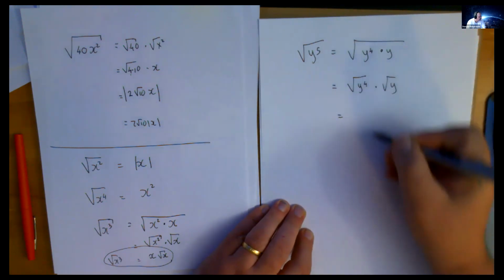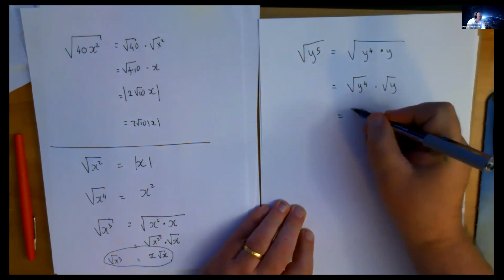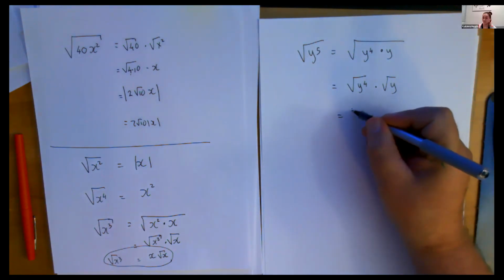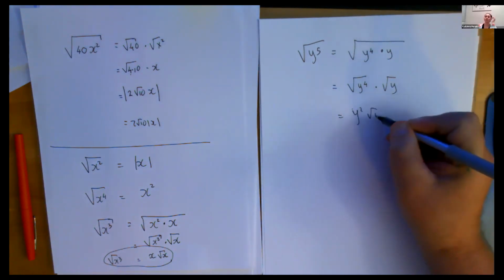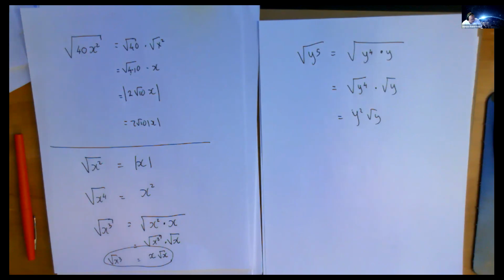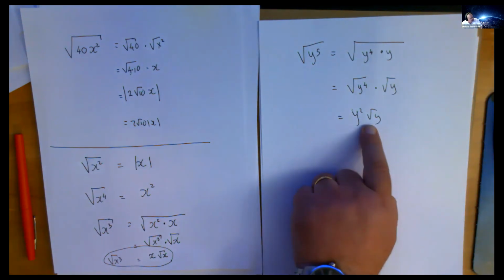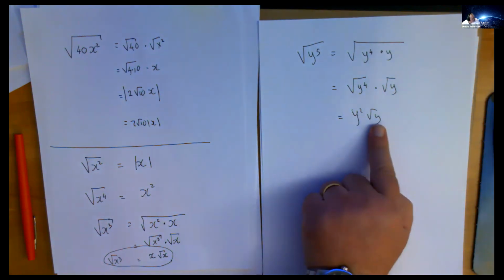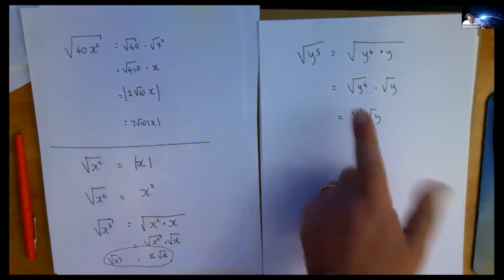And won't the square root of y to the 4, well, you tell me, what does the square root of y to the 4 get you? Y squared. So can you see we got that guy? Does this guy need an absolute value? That's always positive because it's a square root, so the answer is no.